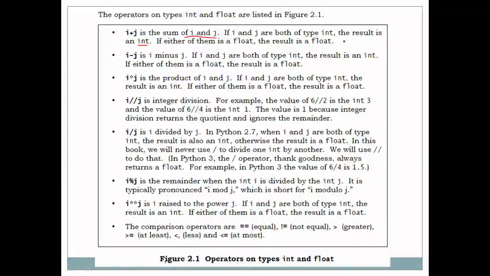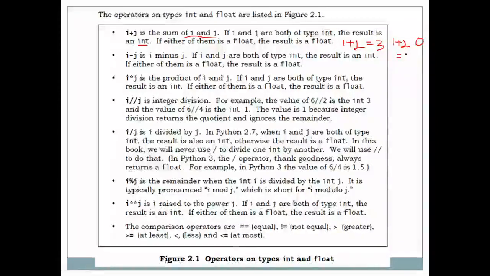That simply means if I write an expression, say 1 plus 2, the output is 3. But if I use an expression, say 1 plus 2.0, what is the output?